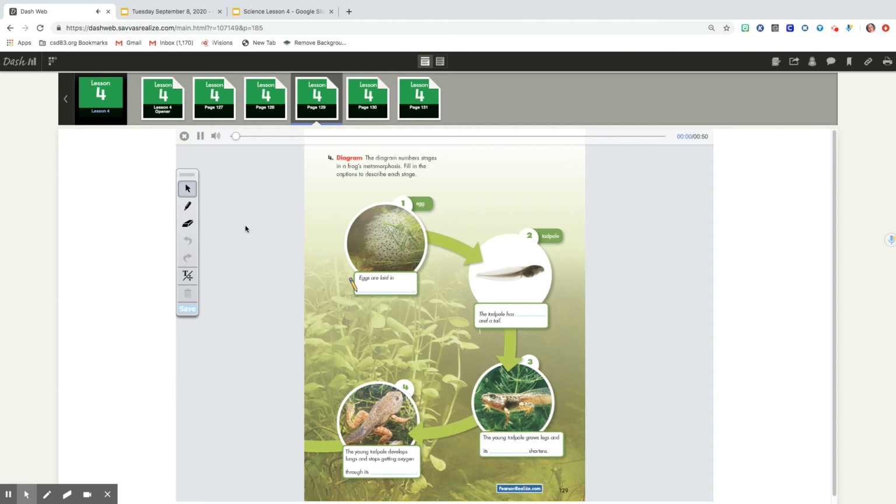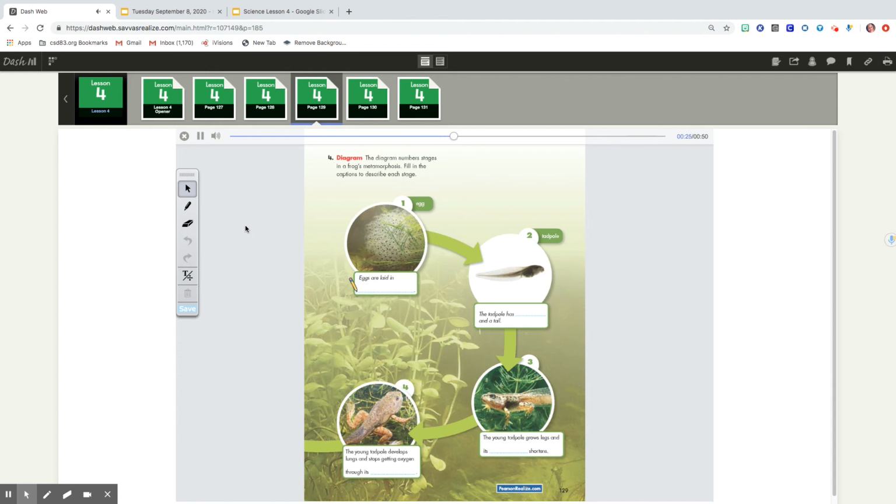4. Diagram. The diagram numbers stages in a frog's metamorphosis. Fill in the captions to describe each stage. 1. Egg. Eggs are laid in blank. 2. Tadpole. The tadpole has blank and a tail. 3.